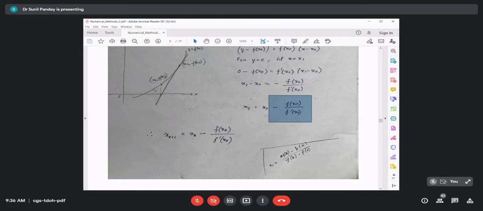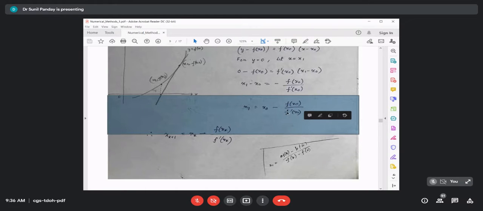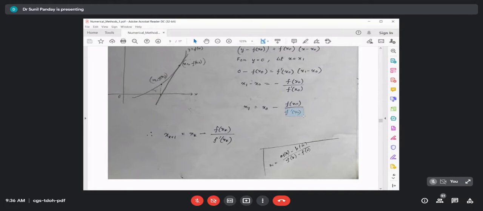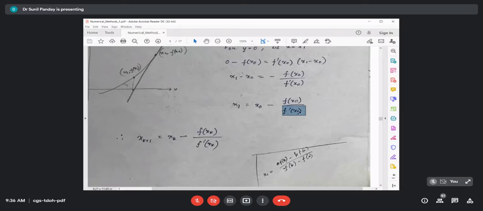And the advantage is, if you have selected an x naught such that your tangent is perpendicular to the x-axis at the point x naught, then f dash of x naught is infinity, the denominator is infinity, and this whole value is 0 or near to 0.